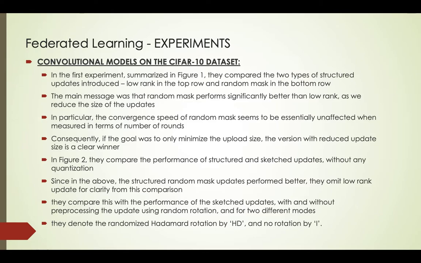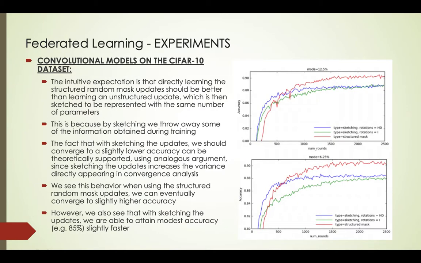They compare this with the performance of the sketched updates, with and without pre-processing the update using random rotation, and for two different modes. They denote the randomized Hadamard rotation by HD and no rotation by I. This is Figure 2.